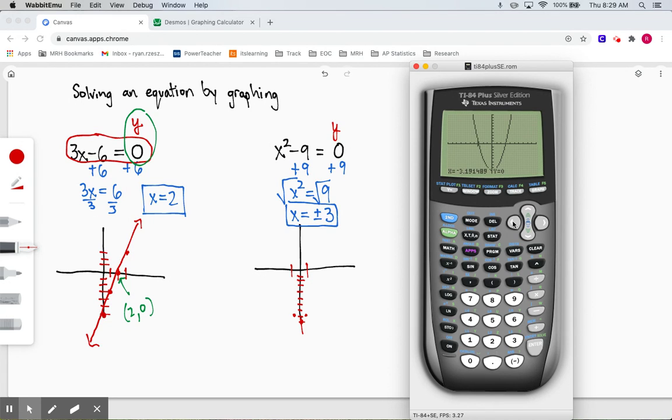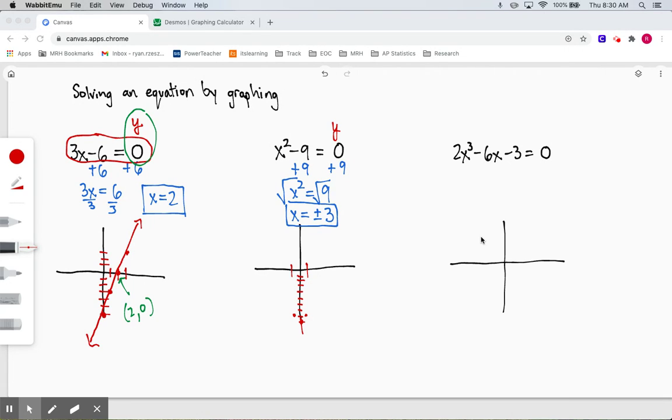I can't get exactly on negative 3 just by moving my cursor, but it's going to hit at x equals negative 3. And if I keep on scrolling over to the other side, if you look right here, x equals 2.97, that's x equals positive 3 as well.